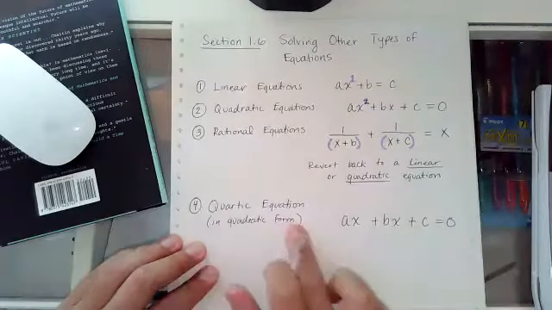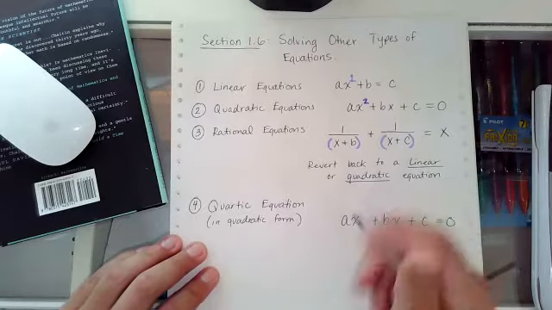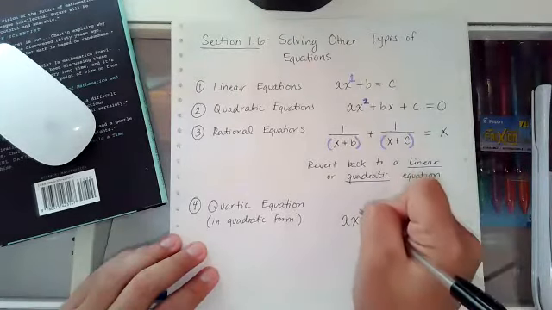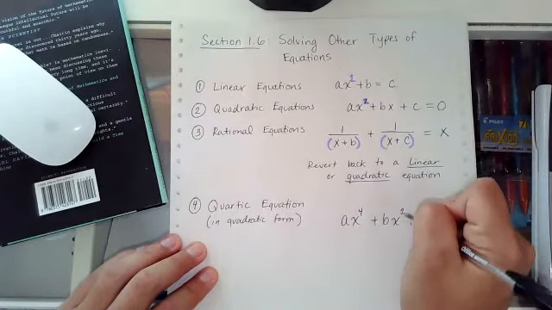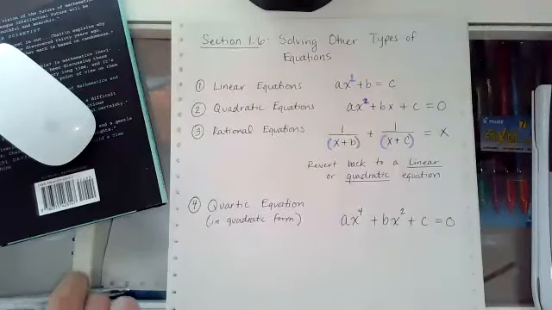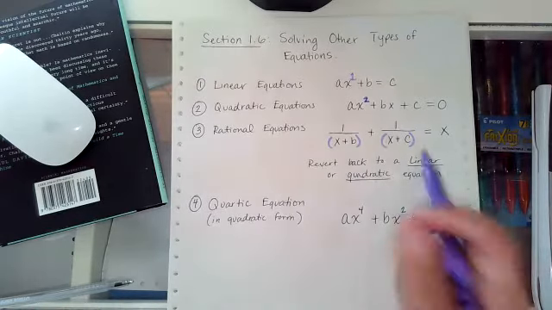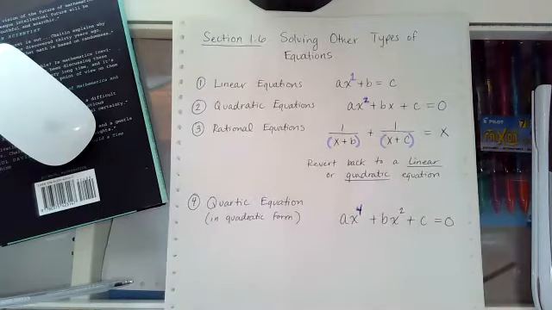But for quartic equations, the exponents on these terms are different. At least the powers are multiplied by 2. So we have ax to the fourth, bx to the second power, plus c. But this looks like a quadratic equation.